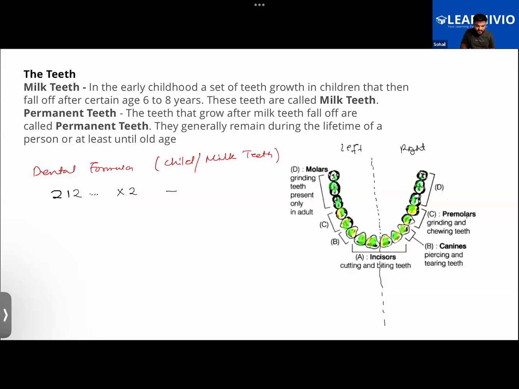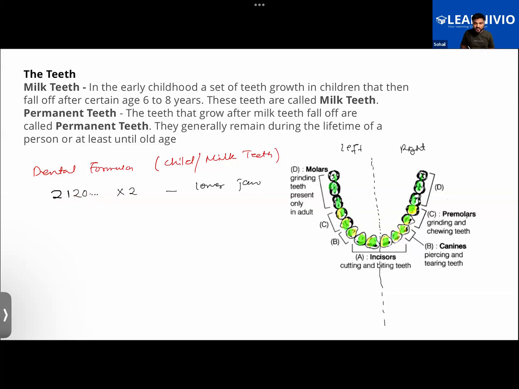And this we have talked about, let's say, the lower jaw. So this has to be the case with the upper jaw also, no? Same thing has to be done for the upper jaw also. In the left side of the lower jaw, you had 2 incisors, 1 canine, 2 premolars, and 0 molars.